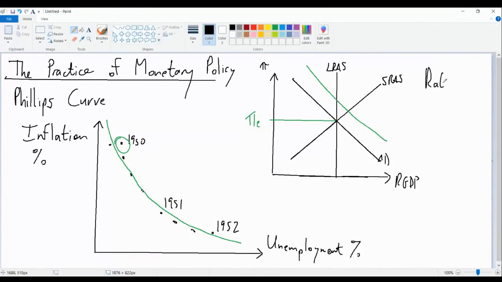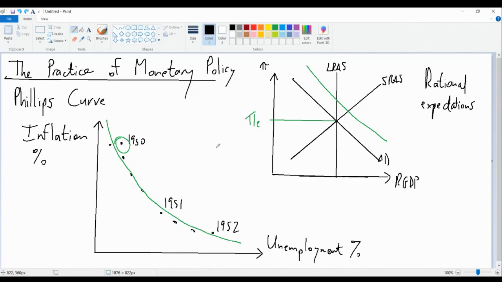It's called rational expectations. And the idea of rational expectations is that this expected inflation rate didn't just come out of nowhere. This expected inflation rate reflects rational expectations. It reflects people trying to make their best forecast of inflation.